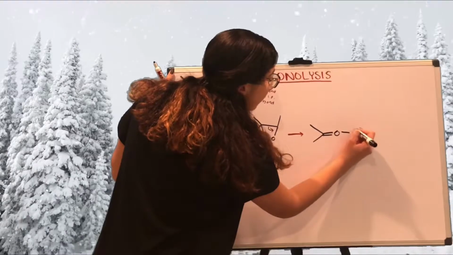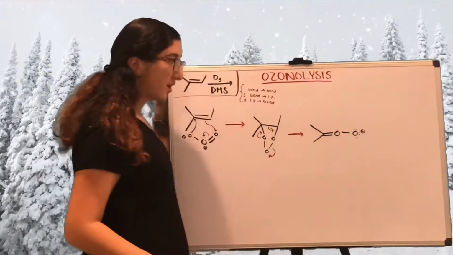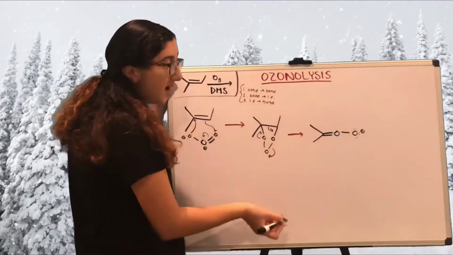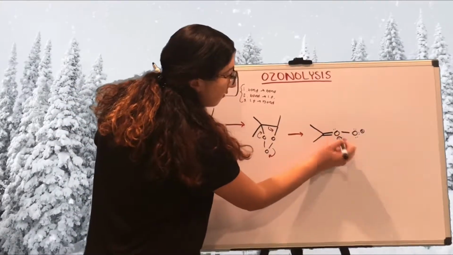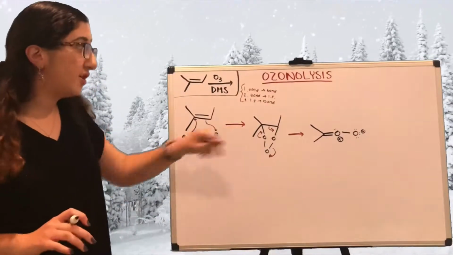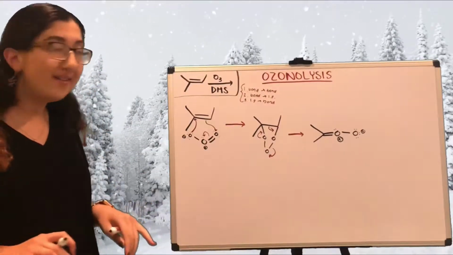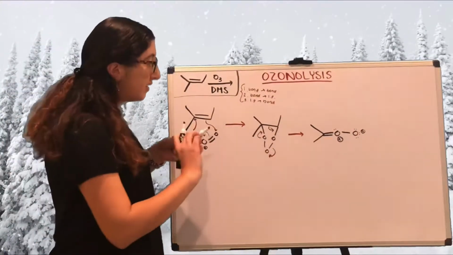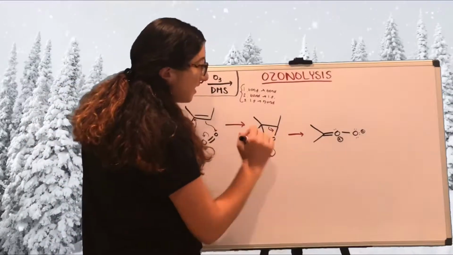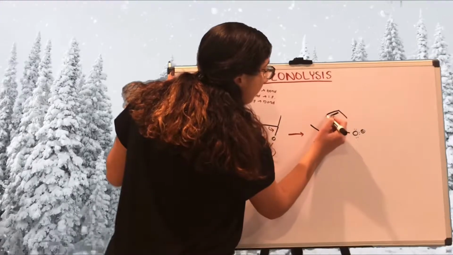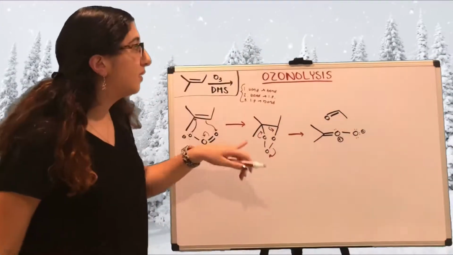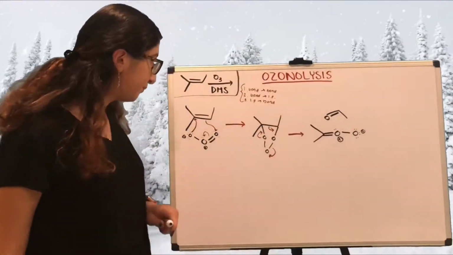So this is a negative charge, 7 electrons, which makes this a positive charge because it only has 5 electrons. Now this is our first molecule that we have created. The next one is this one here, which will just be a doubly bound oxygen connected to CH3 and CH2.